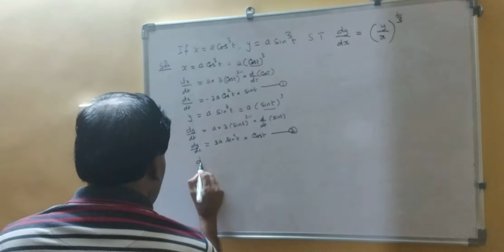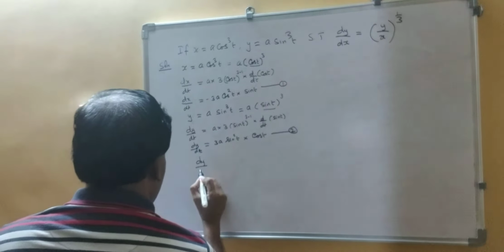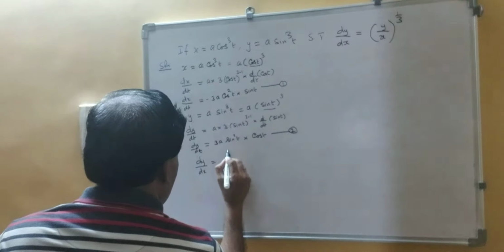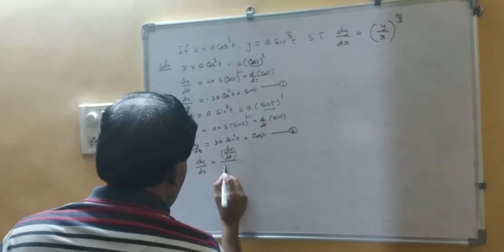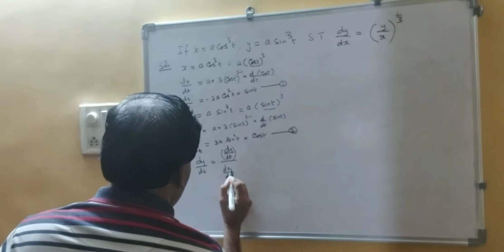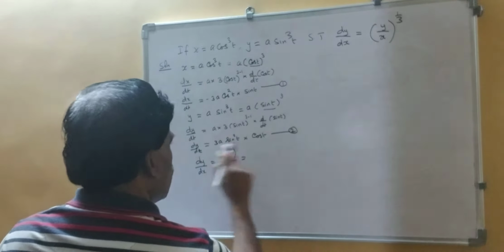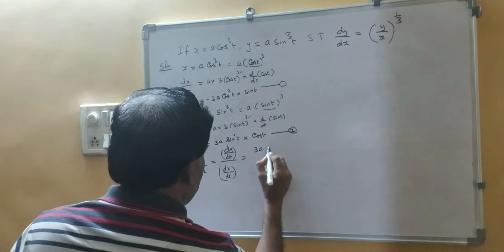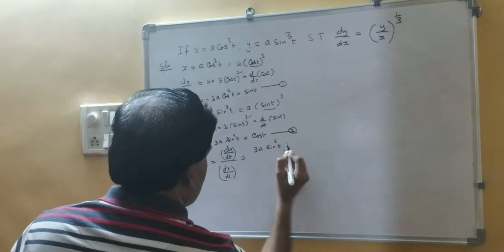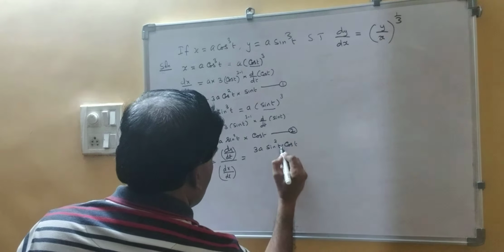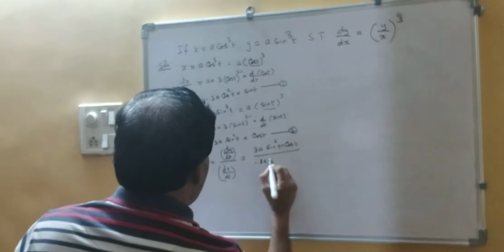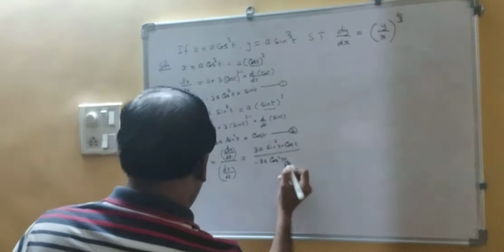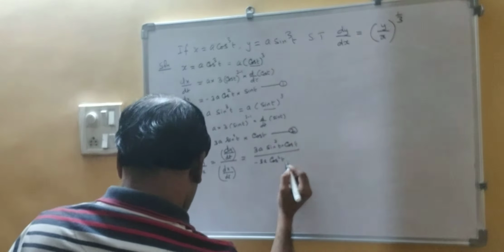Now, what is dy/dx? dy/dt upon dx/dt. So it is equal to, what is dy/dt? 3a sin²t cos t upon minus 3a cos²t sin t.